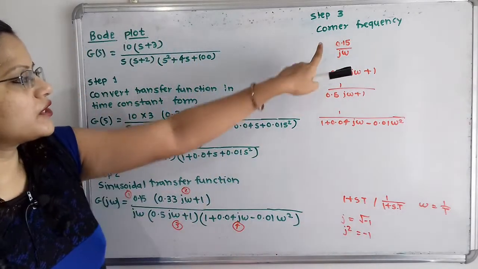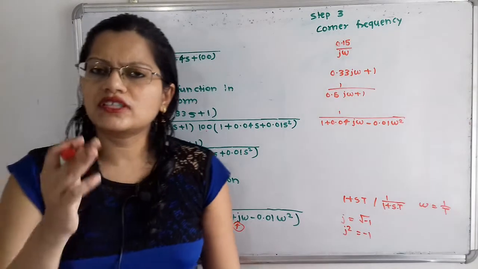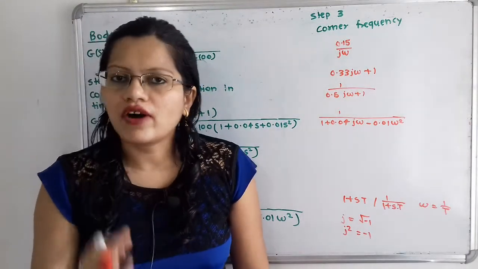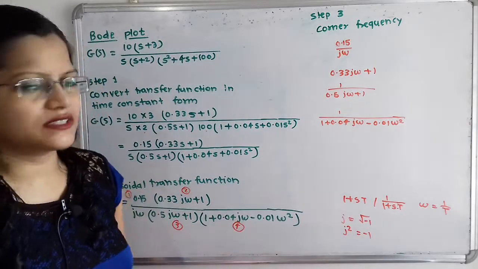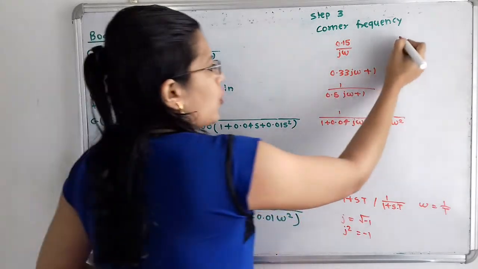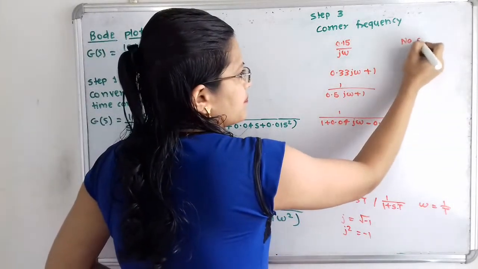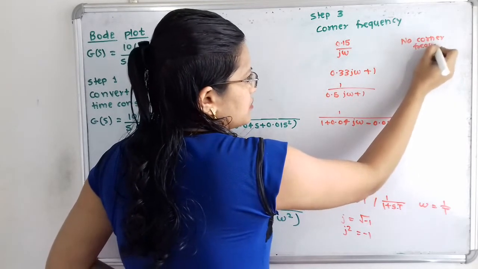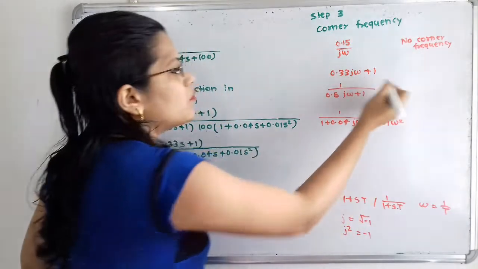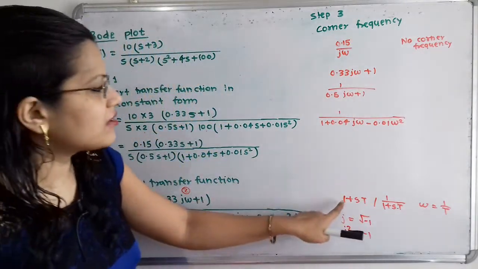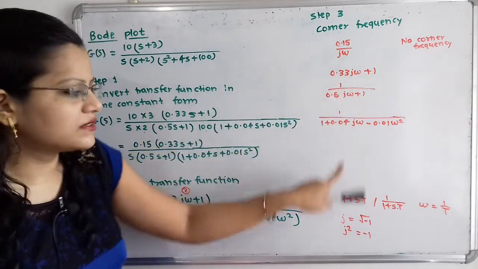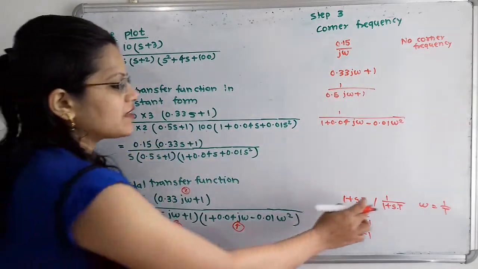Now if we observe, what about the first term? So this first term is not in the form of 1 divided by 1 plus st or 1 plus st. So here no corner frequency, because standard form is not getting achieved. Now we will move for the second term. So second term is in the form of 1 plus j omega t, or we can say 1 plus st. So omega is equal to 1 by t.